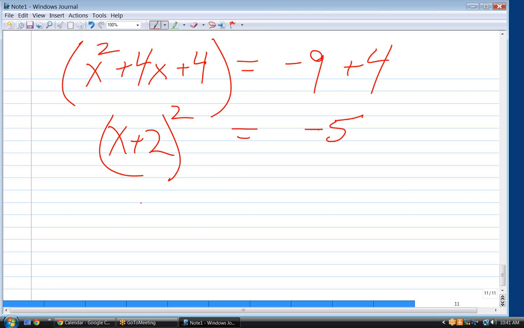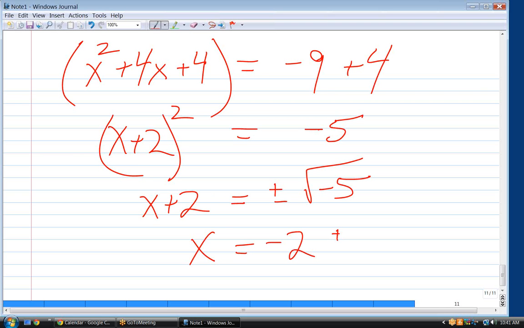And square root of both sides, so x plus 2 equals plus or minus the square root of negative 5. Get your sign right. Yeah. x equals negative 2 plus or minus the square root of negative 5.